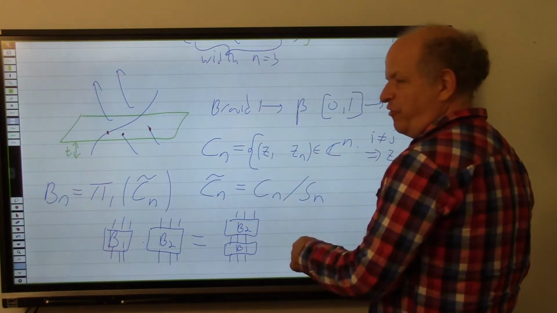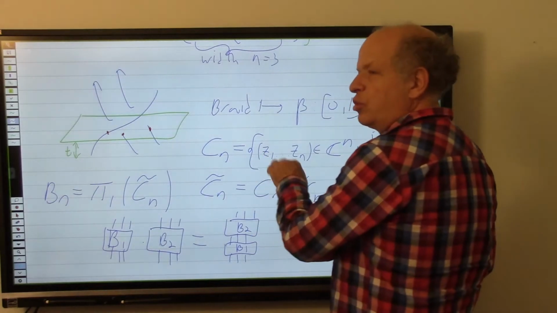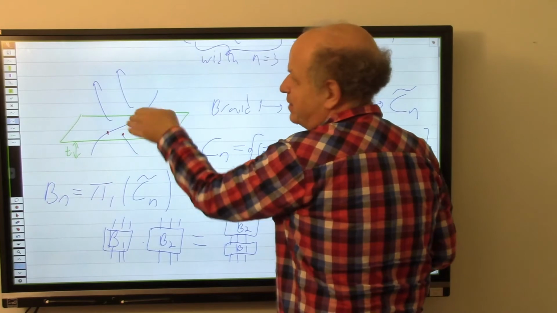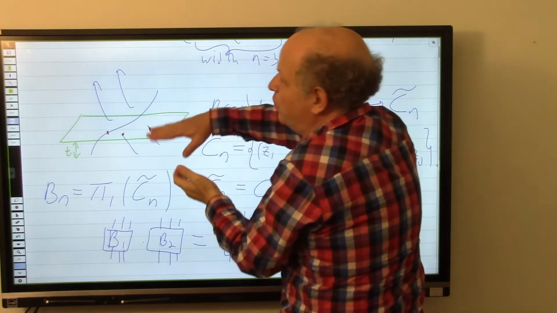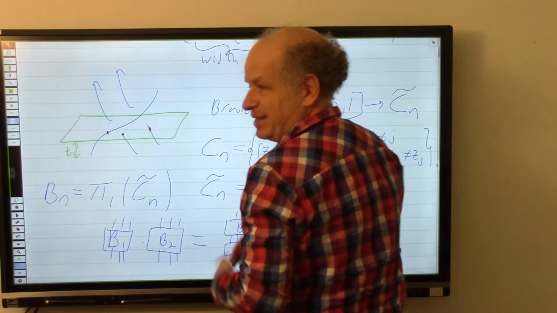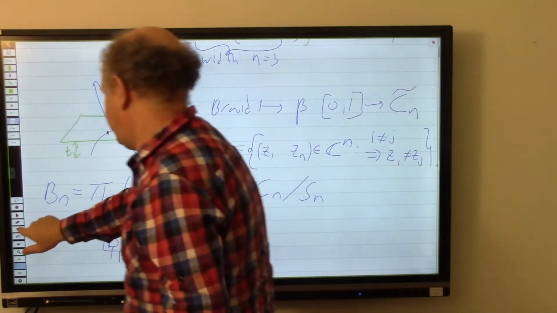And the inverse is you go along a path backwards. So for braids it's the same. You just basically reflect the braid on a horizontal plane. That's the inverse. Okay.